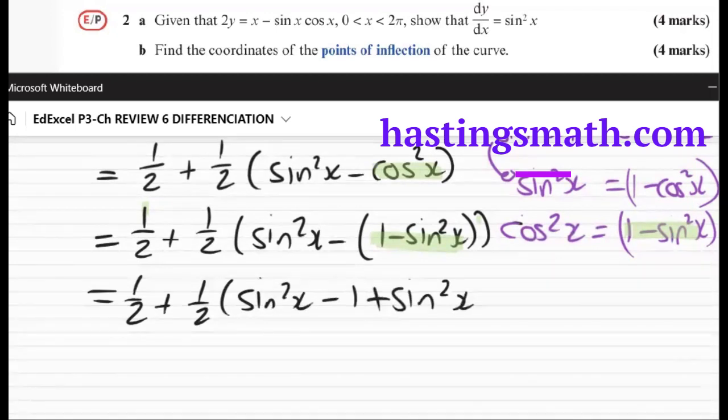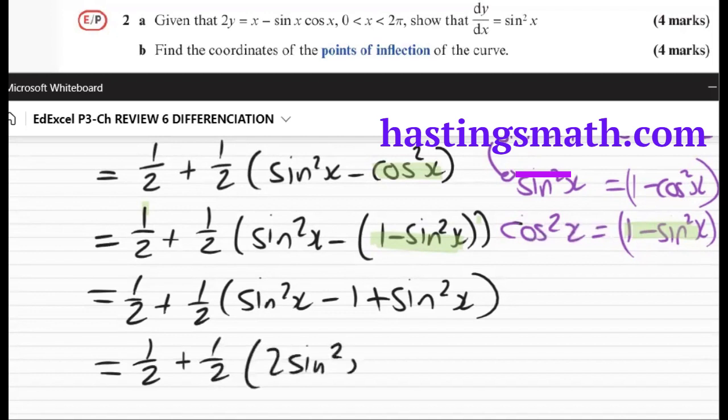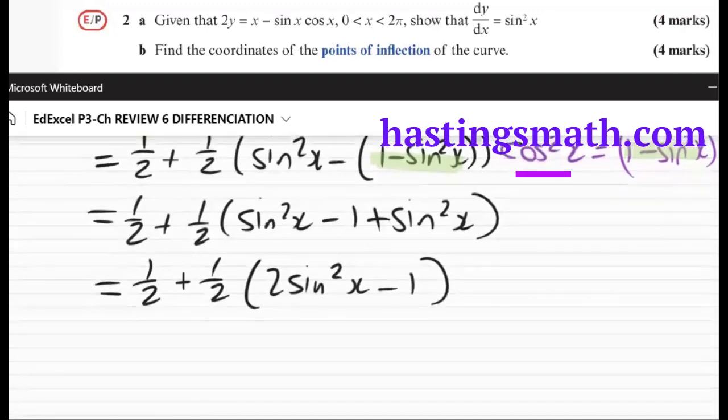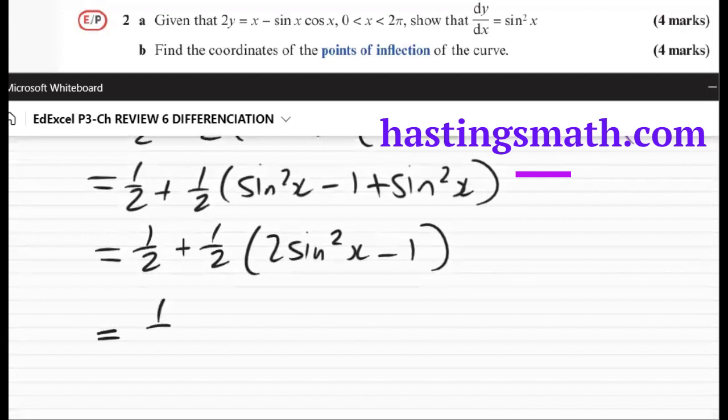Oh, what's going on there? Let's keep going. A half plus a half, 2 sine squared x minus 1. Whoa, what's this? A half. Let's times that in.